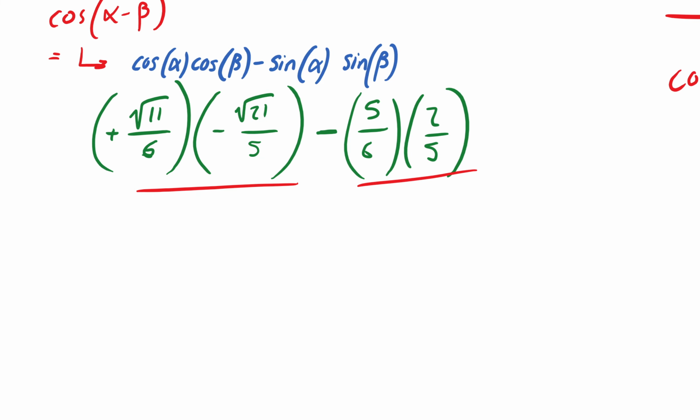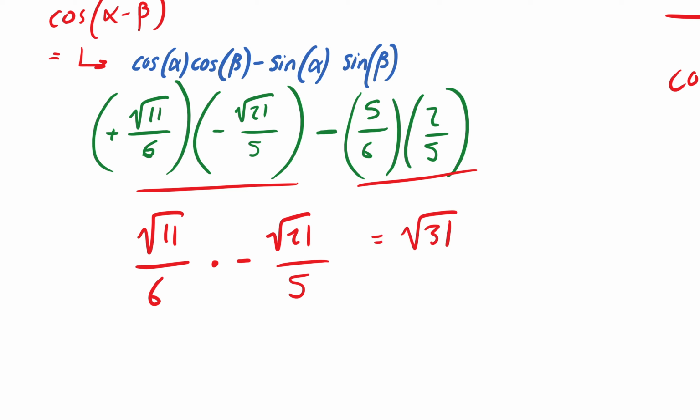Here we go. So root 11 over 6 times negative root 21 over 5. I'm sorry, I'll write that better. So we can just go across: root 11 times root 21. And to multiply roots together, you just add them. So that turns into root 31.